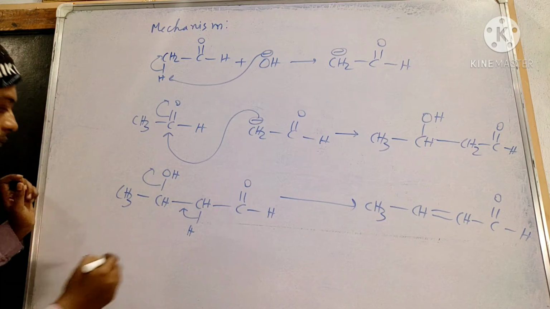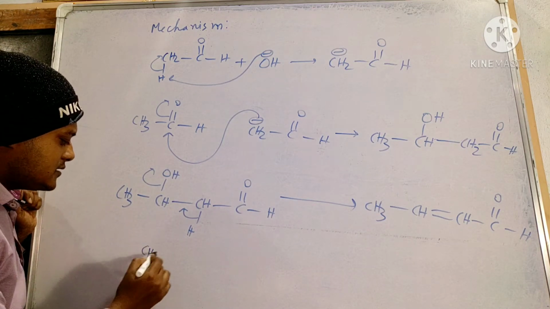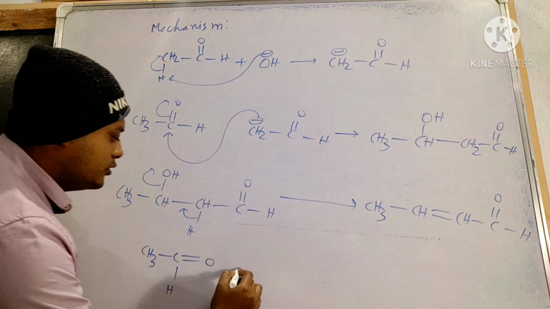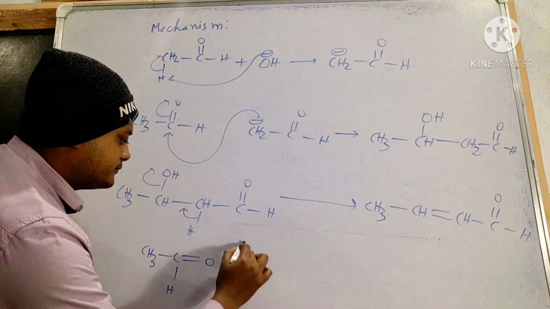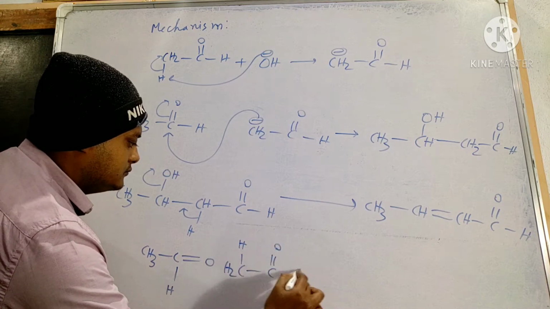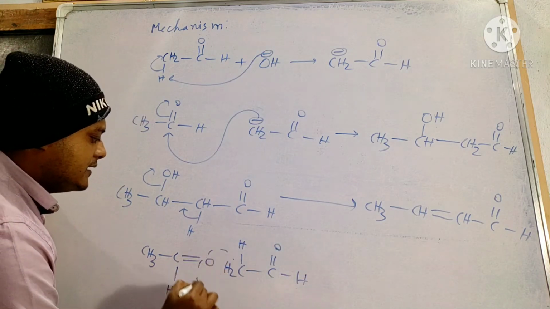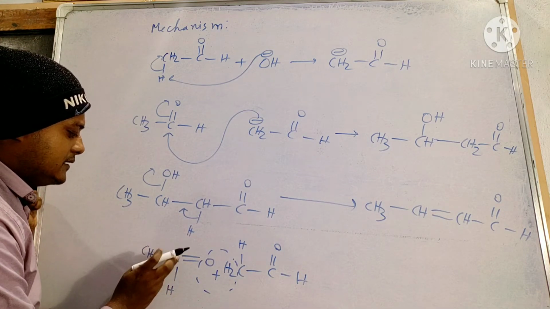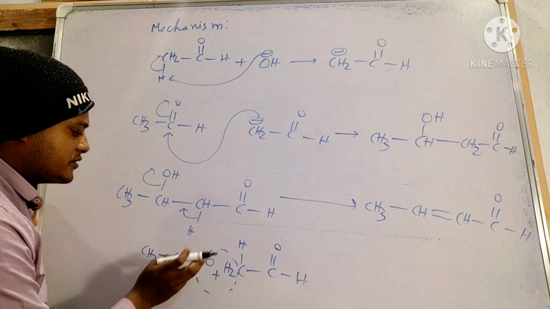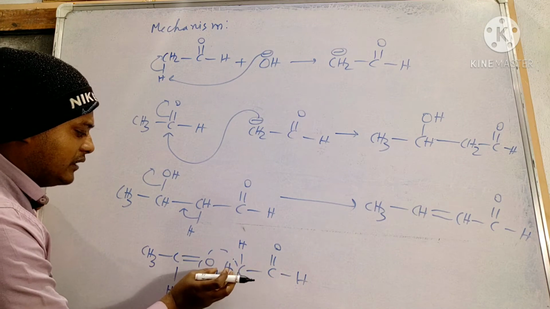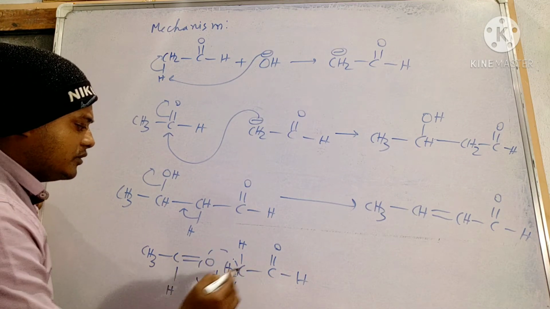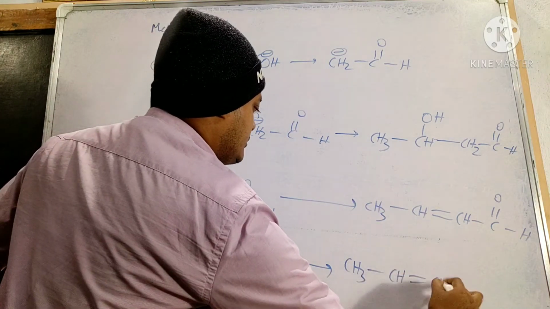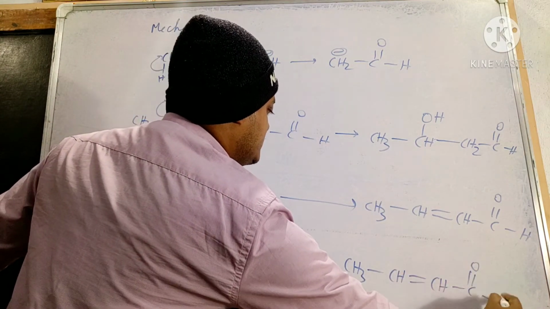Next, the shortcut. In the shortcut, we just have to arrange the molecules properly. Two acetaldehyde molecules will be arranged in that way. This acetaldehyde donates oxygen and this one donates alpha hydrogen. So the water molecule will be removed, and we will directly get the product.